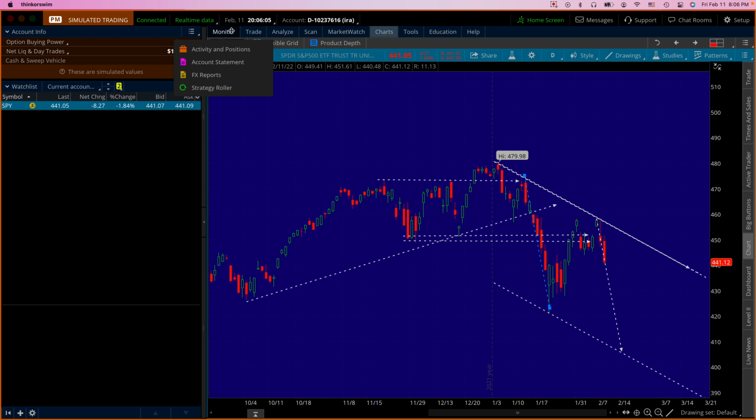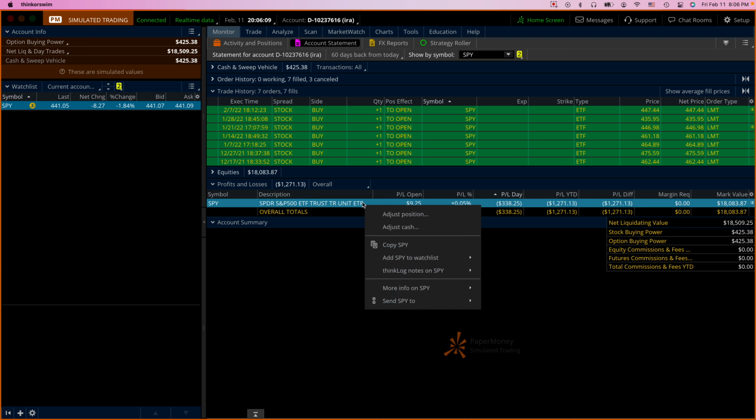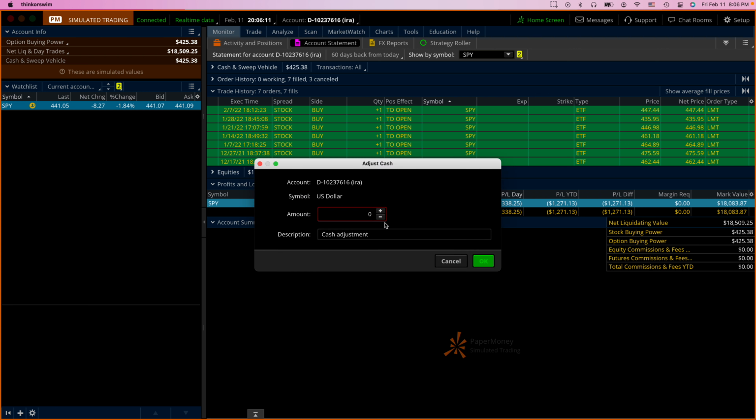So we need to add some cash, and I've been adding a $500 cash adjustment every week. Because this is a paper trading account, I'm just adding pretend money. I hope that's very clear, that I started this close to a year ago now.